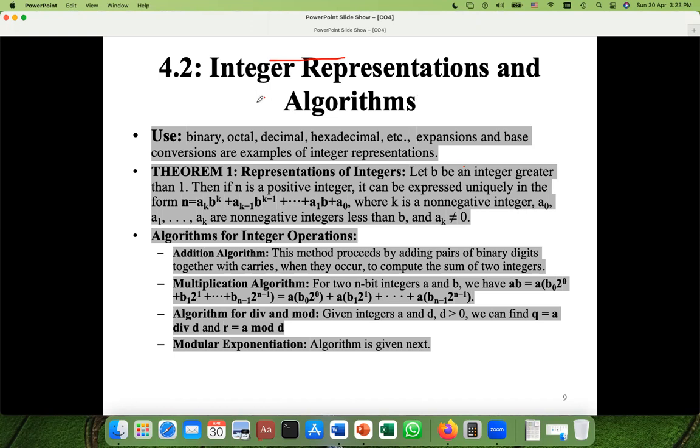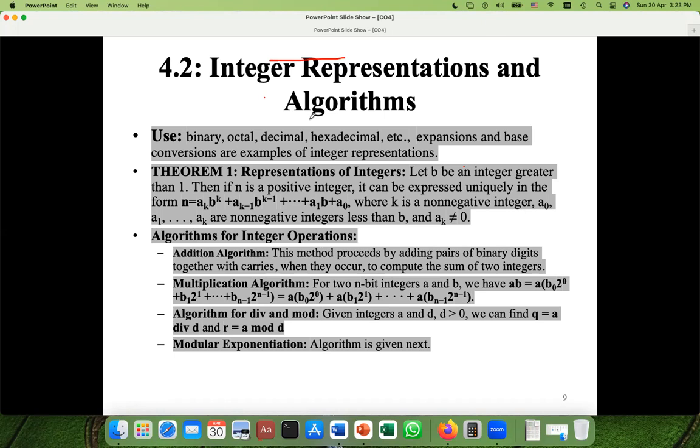The use of integer representation is very clear, because we know that we have a representation of integers in the form of binary, in the form of octal. If some number is given to you, and I ask you to convert it into binary, then you know that there is a base system.